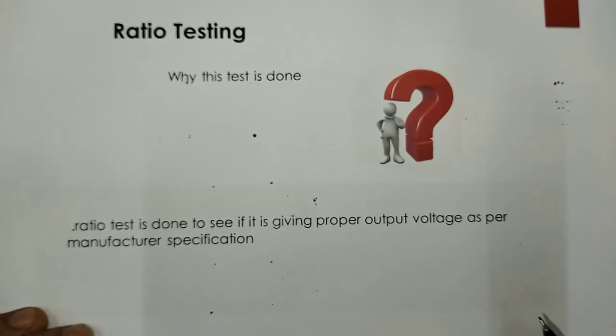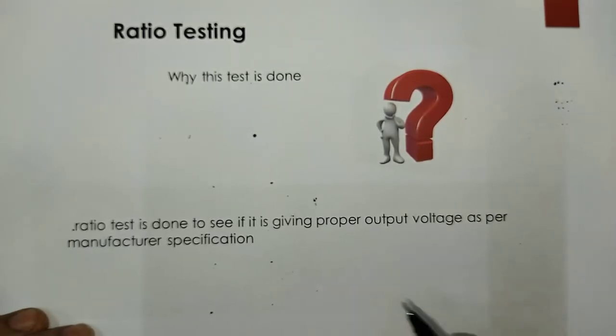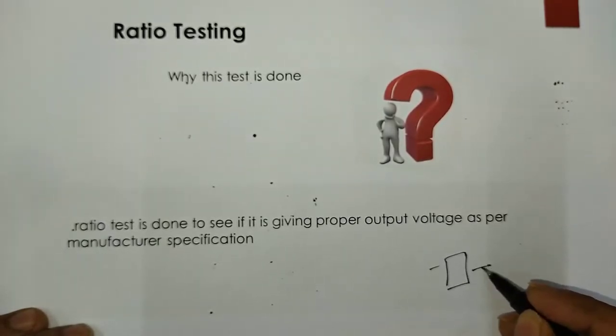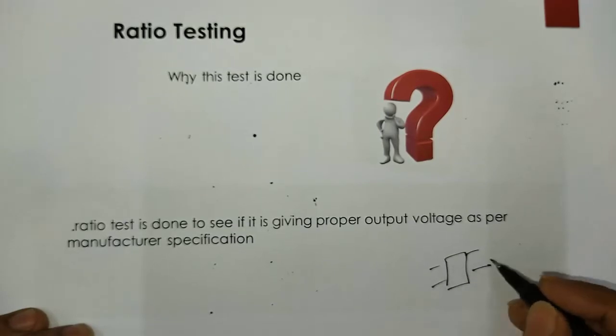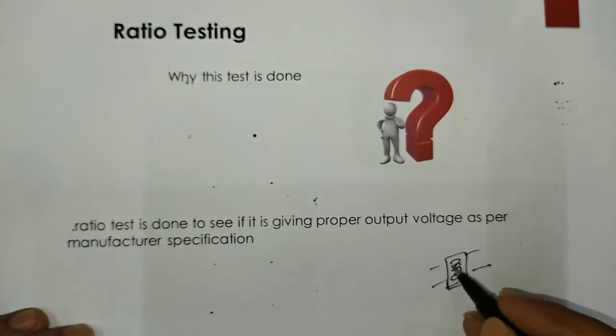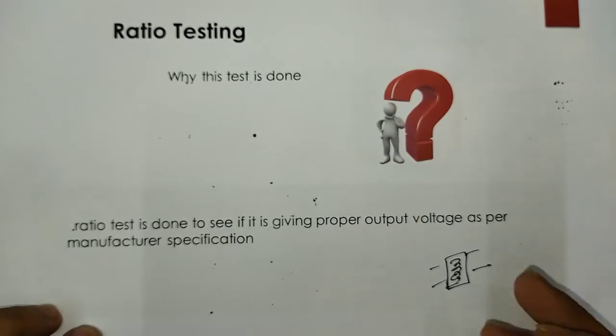Whenever a company manufactures a transformer, they give you a specification of the transformer or the turns ratio: what the input voltage is and what the output voltage is, and that depends on the turns ratio. So you have to check if the turns ratio is proper or not as per the manufacturer specification.